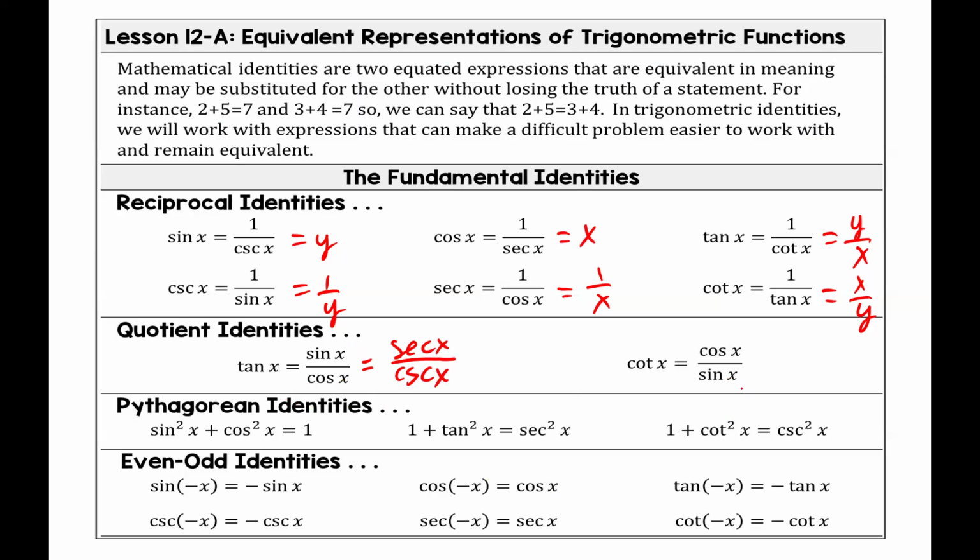And then cotangent x is cosine x divided by sine x, because cotangent is the reciprocal of tan. So this also equals cosecant x divided by secant x. All of the identities are connected to one another.